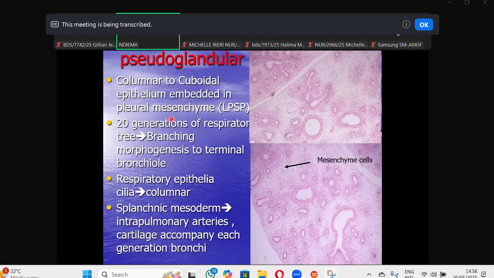And just to mention again, the mesenchyme cells surrounding the dividing bronchial tree differentiate to form the blood vessels, the cartilages, the elastic tissue, and the connective tissue that surround the bronchi and eventually surround the alveoli.